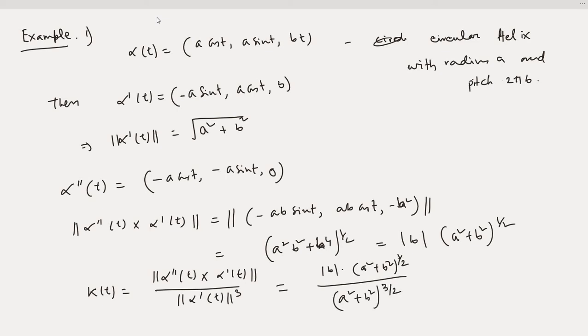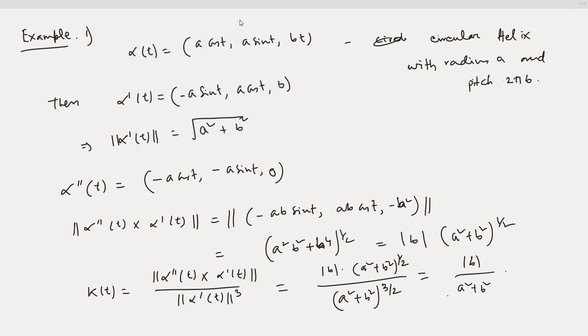So this is equal to mod b over a square plus b square. Okay, this is constant curvature.